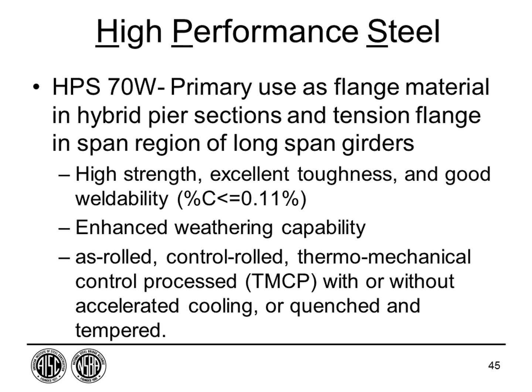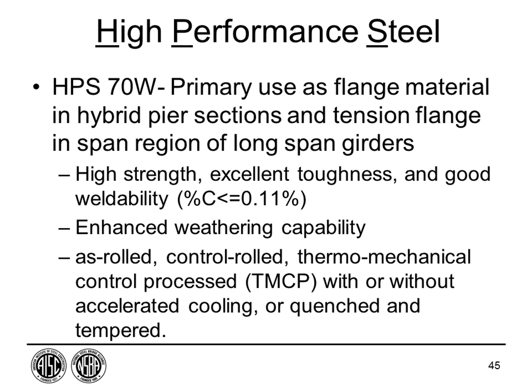HPS 70 is primarily used as a flange material in hybrid sections, okay? And a hybrid section we'll talk about later on when we talk about design of plate girders. But we can do some things in plate girders that you can't do with a rolled section. We can use a lower strength web with a higher strength flange. We don't need the strength in the web for flexure, but we need it in the flange, and so that creates a hybrid section.